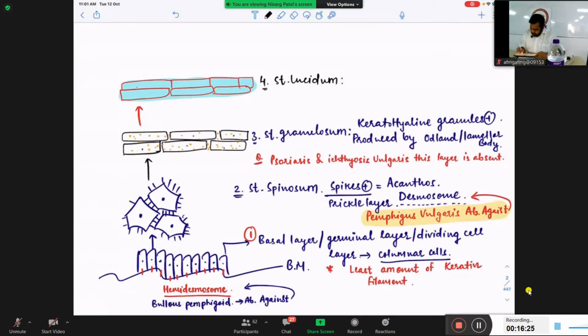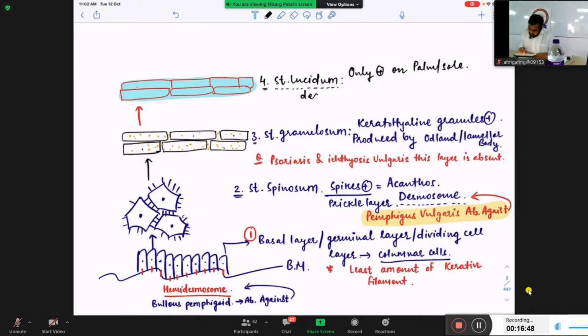This stratum lucidum is only present on the palm and sole. So generally our epidermis has 4 layers on other parts of the body, but on the palm and sole we have 5 layers. This is the stratum lucidum.